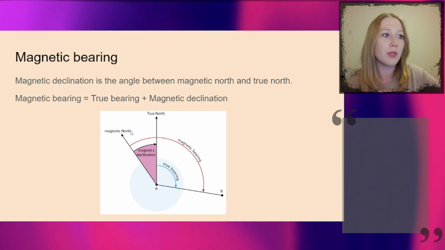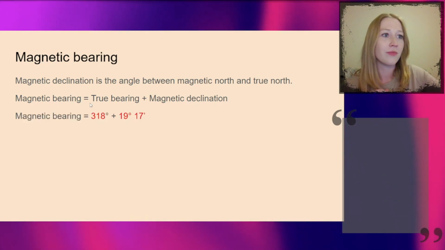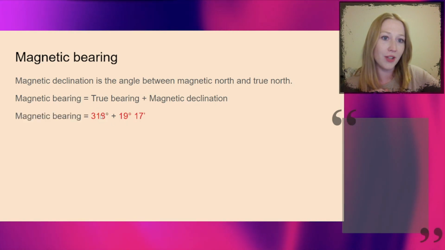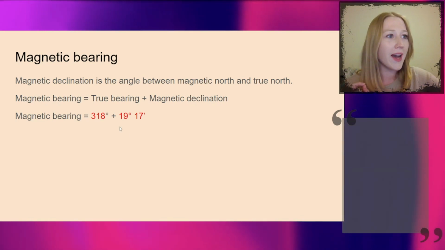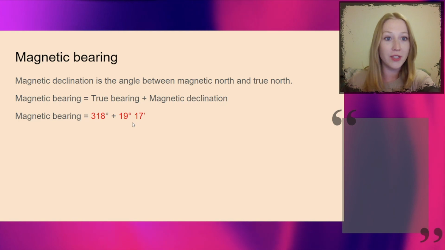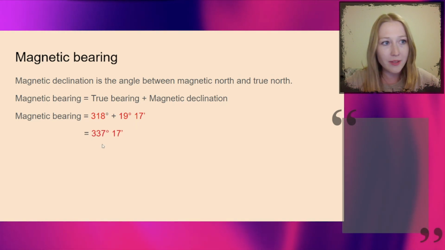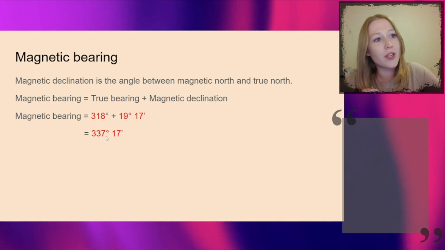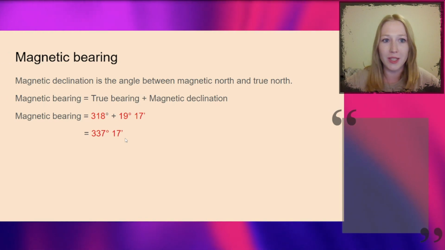And then those two pieces together will give us the whole angle. We take the 318, that's what we measured right at the beginning. We added the declination that we just worked out, and my magnetic bearing is now 337 degrees and 17 minutes.